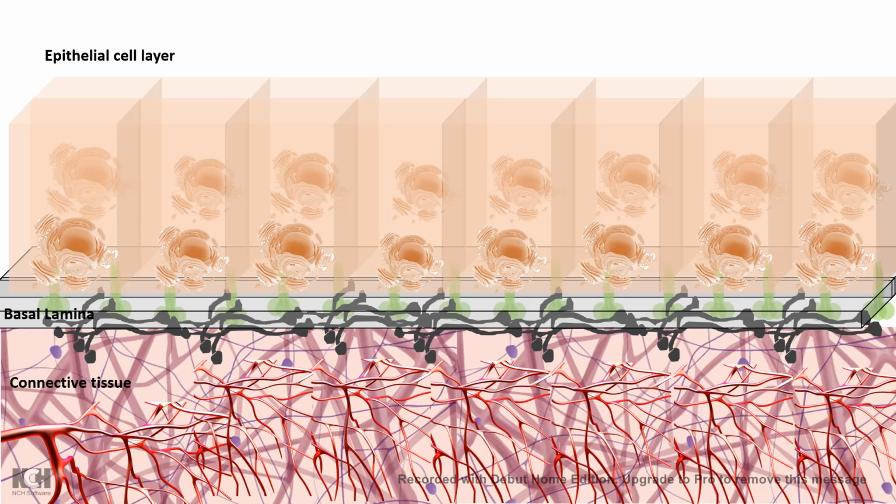As a result, this whole epithelial layer can be supported on top of this extracellular matrix component. So in this video, we will talk about the overall composition of the extracellular matrix and the basal lamina.